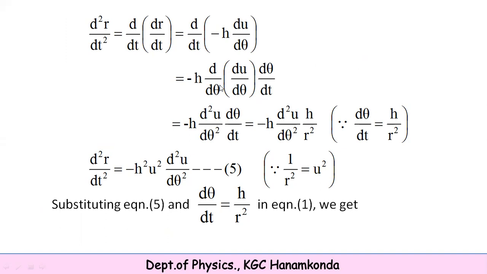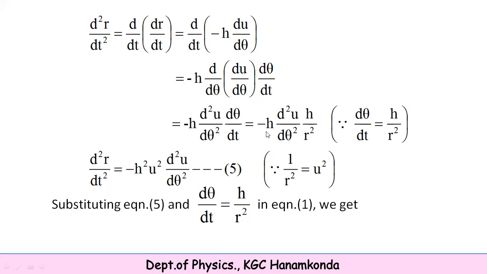Here d theta will be cancelled, and the equation remains the same. We are just multiplying with d theta and dividing with d theta. And you see here, minus h into d by d theta of du by d theta is nothing but d square u by d theta square. Therefore, minus h into d square u by d theta square into d theta by dt.